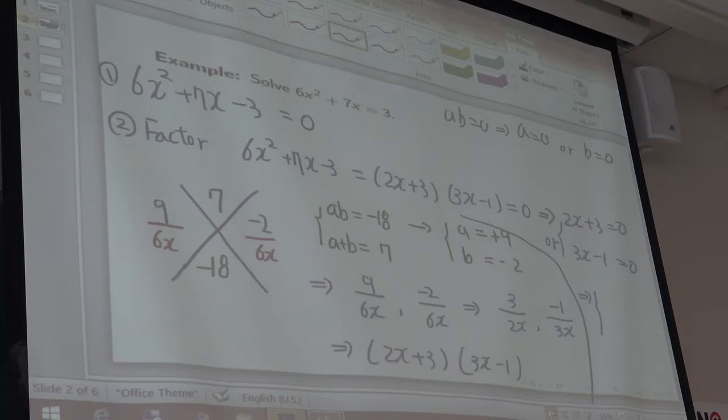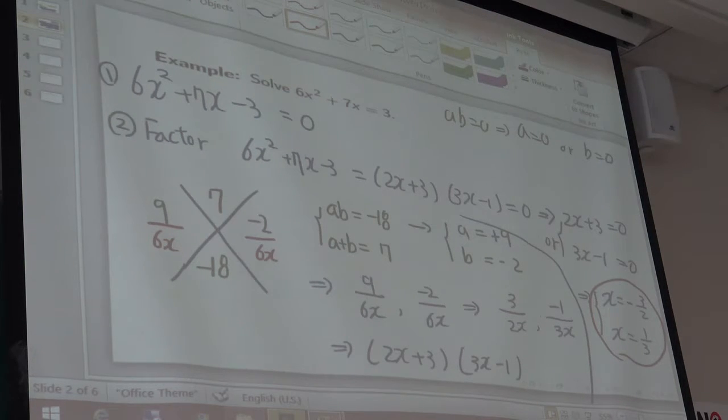So 2x plus 3 is equal to 0 means move this 3 to the right hand side, which is negative 3, and divide by 2. The x is equal to negative 3/2. And 3x minus 1 is equal to 0 means move this negative 1 to the right hand side and divide by 3. So we get x as 1/3. So these are the solutions.